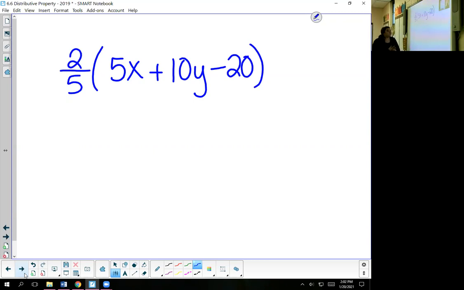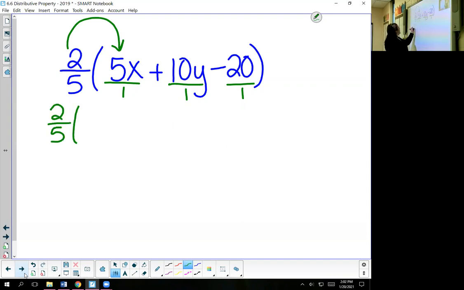Okay, this is an easy problem to do. All you're going to do now, I don't have 2 stores to give it to. I have 1 store, 2 stores, 3 stores to give it to. So these are all over 1. So I'm going to give 2/5 to 5x over 1. So 2/5 times 5x, and that's over 1.